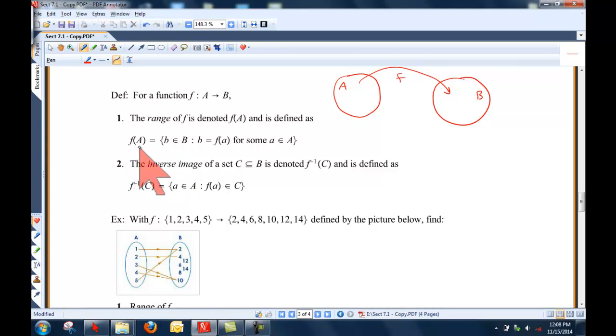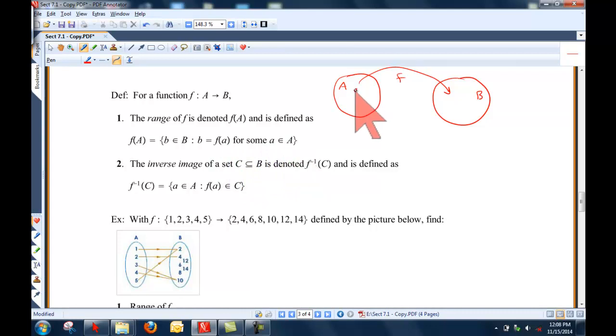The range of f are all the elements of the codomain. So first of all, the range of f is going to live over here somewhere. And it's all the members of the codomain which are the output of the function for some possible input.